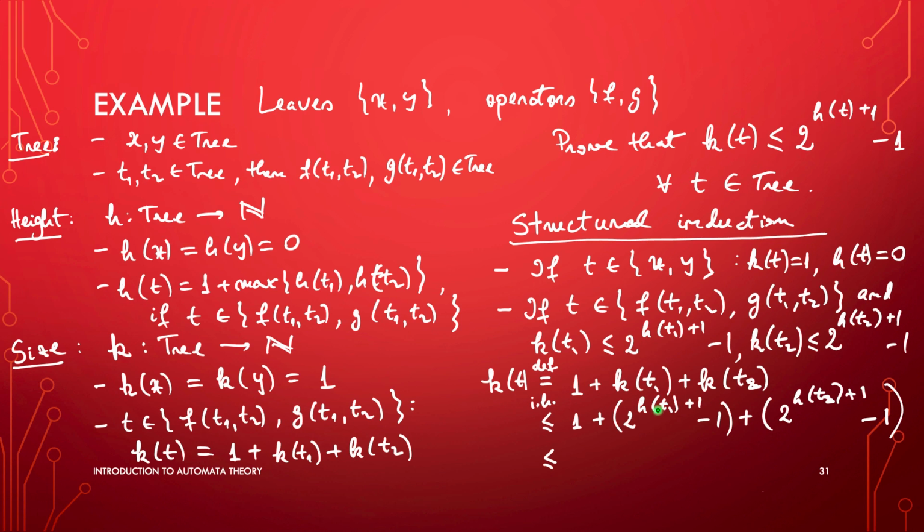For this term, instead of h of T1, I put the maximum between h of T1 and h of T2, so this is 2 to the power max of h of T1 and h of T2, plus 1, minus 1. For the other one, I do exactly the same thing. Instead of h of T2, I put the maximum between h of T1 and h of T2, and I end up with exactly the same term written one more time. So this is going to be 2 times this much.